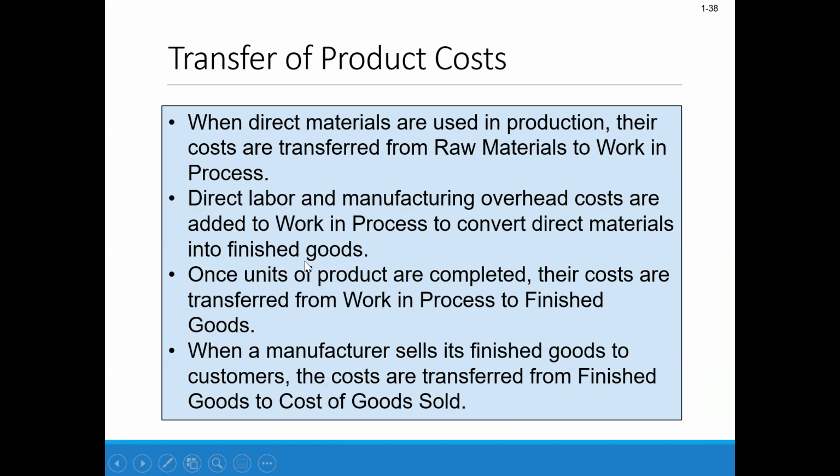Once units of product are completed, their costs get transferred from work in process to finished goods. Once a manufacturer sells its finished goods, it then gets transferred from finished goods to cost of goods sold. And we know that cost of goods sold is on the income statement, right?